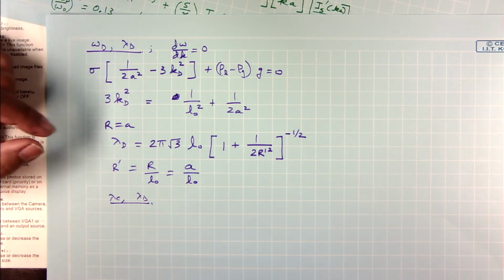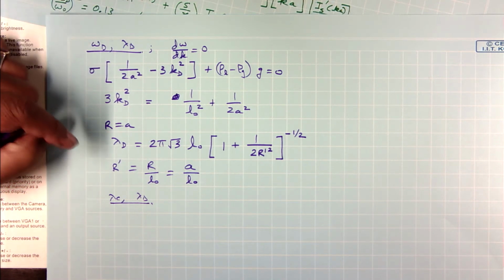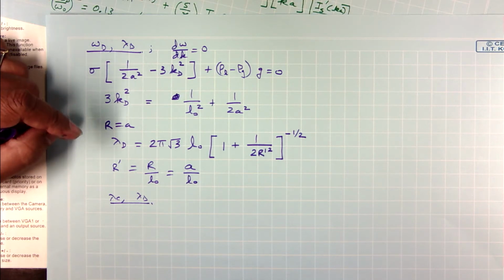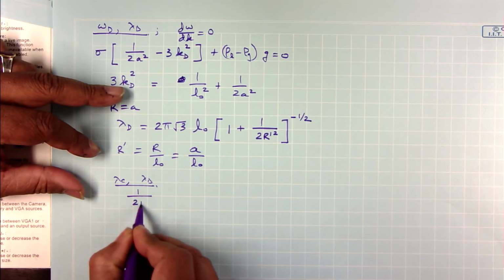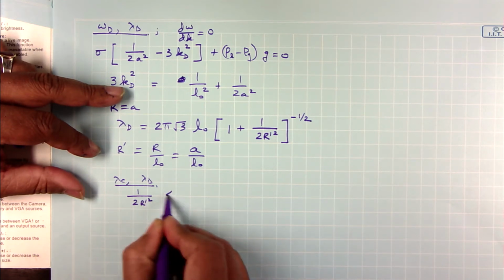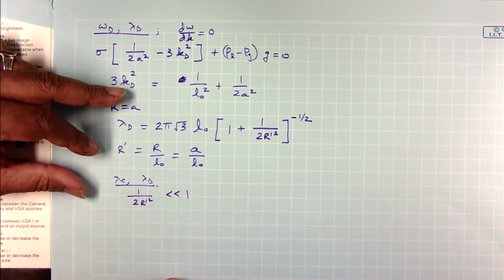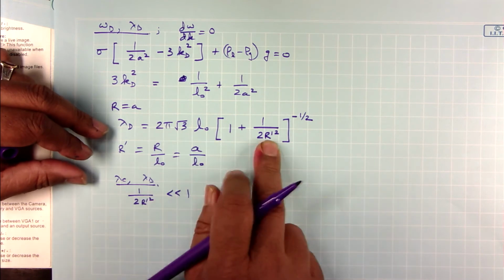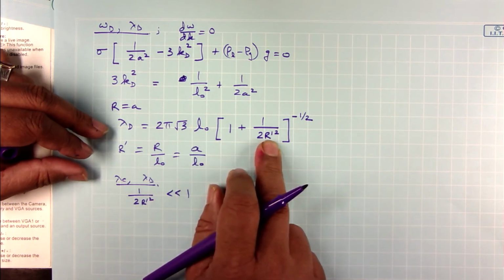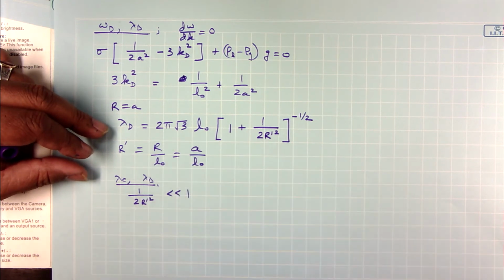There is one value of r at which it becomes independent, isn't it. So, in other words, I want my 1 by 2 r prime square to be much less than 1, let us say 0.1 or 0.01, so that this side becomes the same as a flat plate, isn't it, where it becomes independent of the size of the heater.